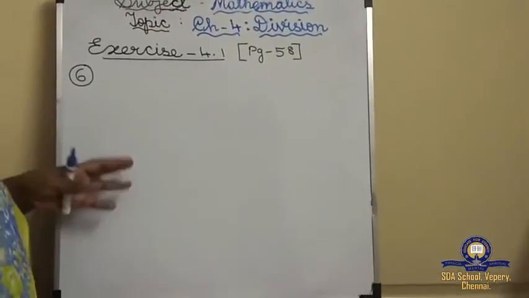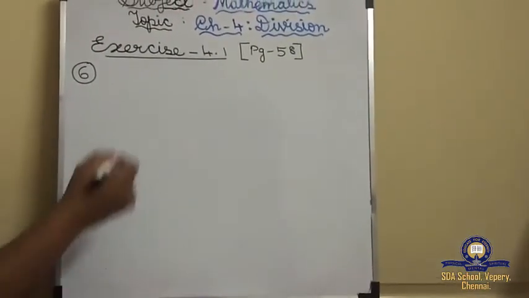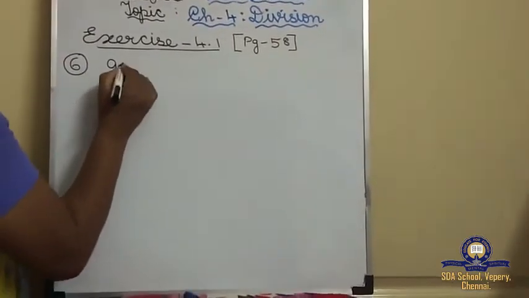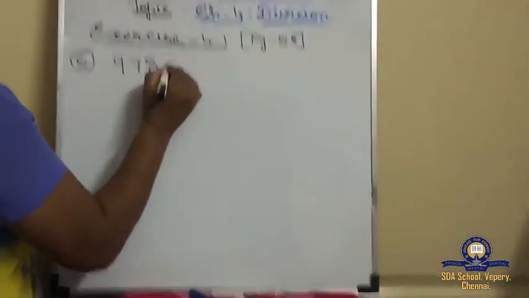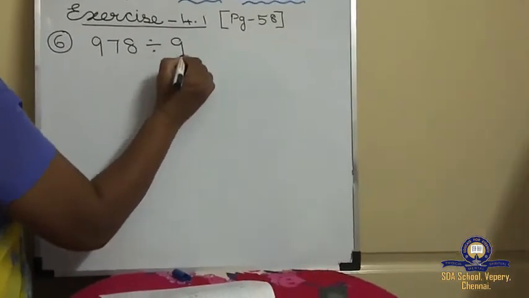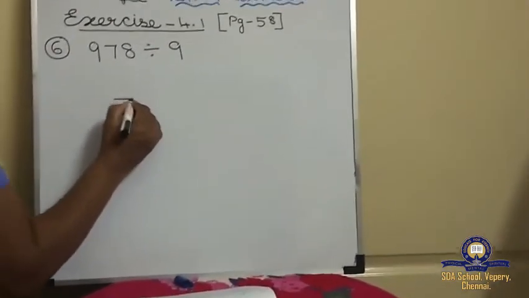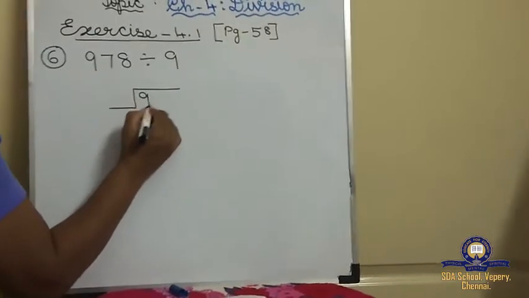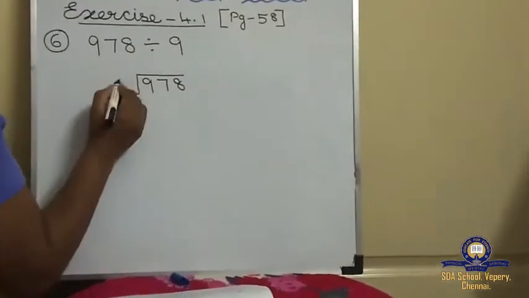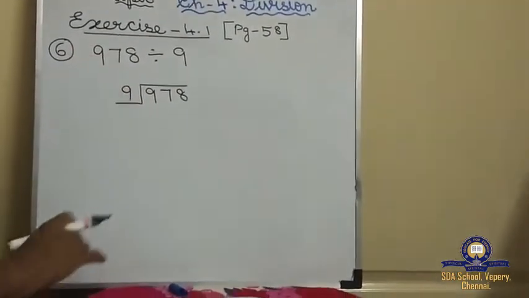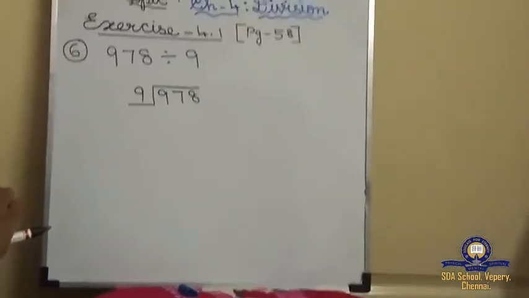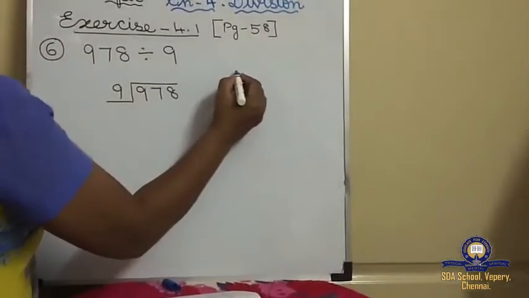Okay, children. One more sum we will learn. 978 divided by 9. So what's the dividend? Dividend is 978. And what's the divisor? 9. So children, what table do you have to write here? 9 table, isn't it?